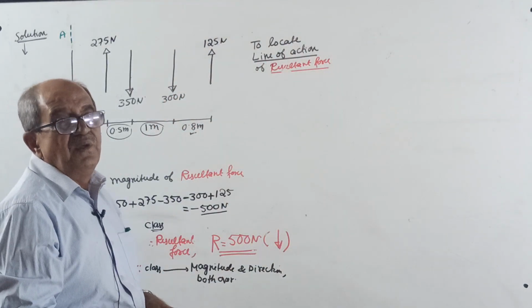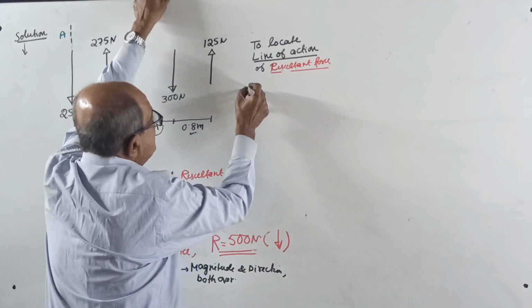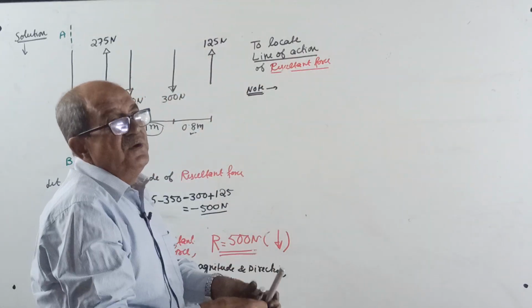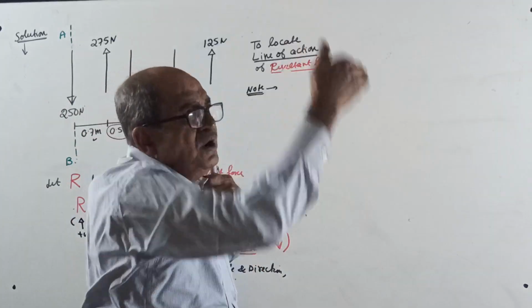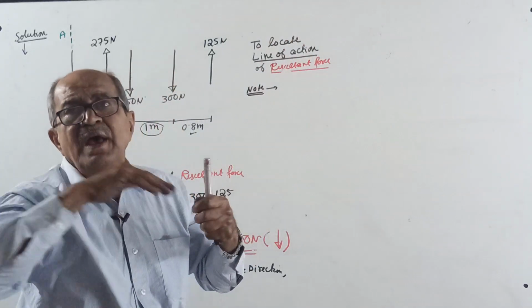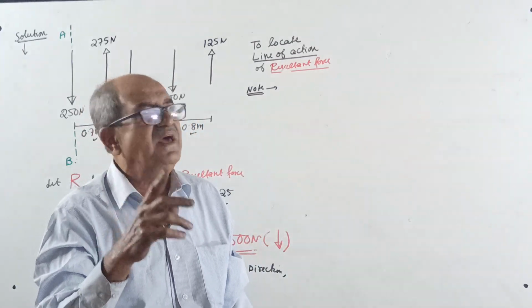First make a note. In the notes I will write all these. When the resultant is purely vertical, to locate the line of action, you require a horizontal distance. I told so many times earlier.